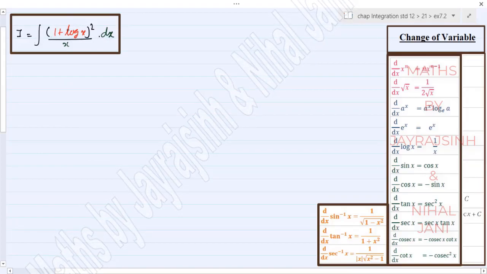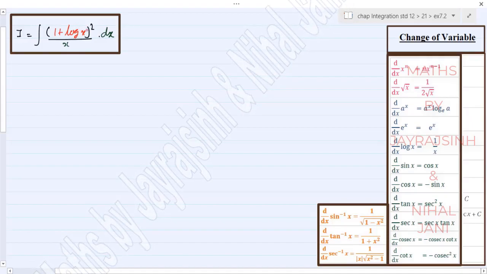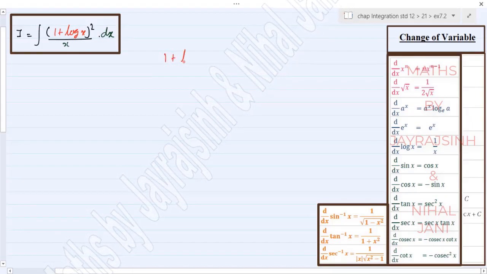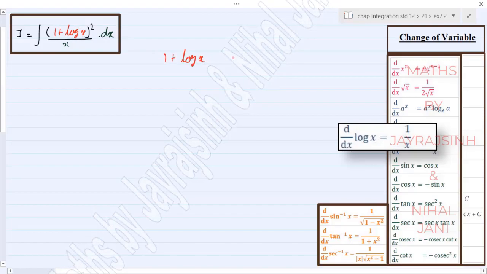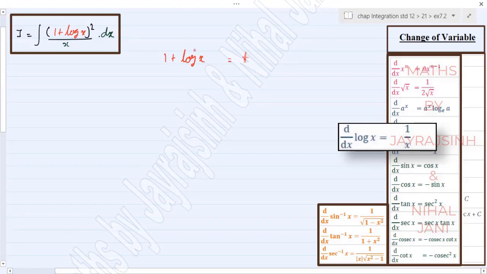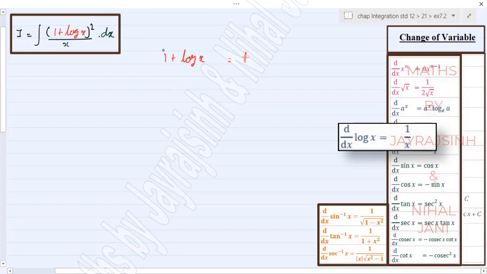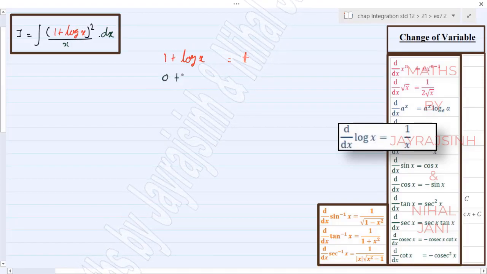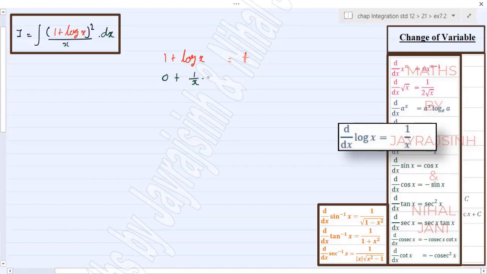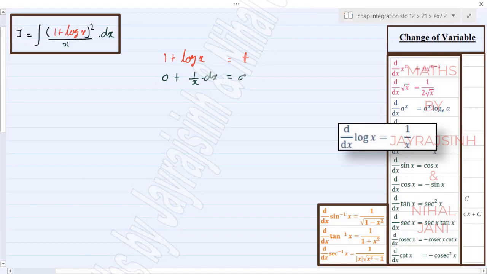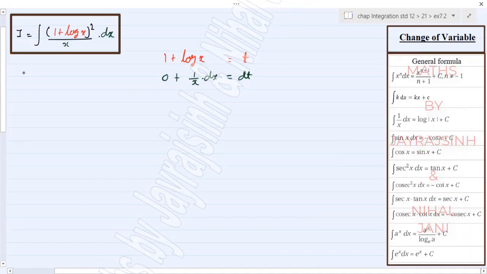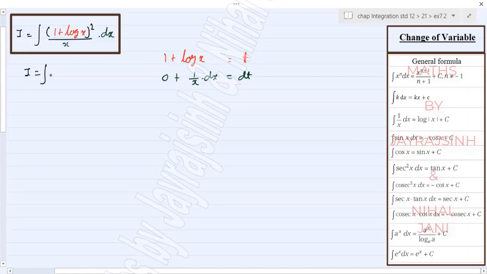Here we have to integrate 1 plus log x the whole square by x. 1 plus log x is your inner function, and its differentiation is available. So let's assume 1 plus log x is equal to t. Differentiate both the sides. Differentiation of 1 will be 0 plus 1 by x dot dx will give us dt. So we are ready to modify our integration.